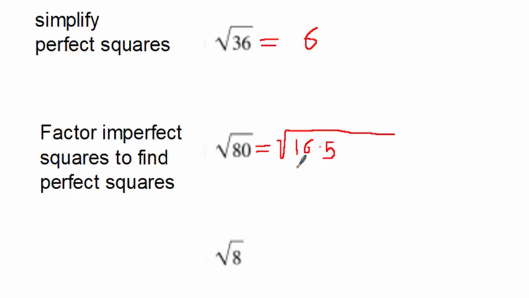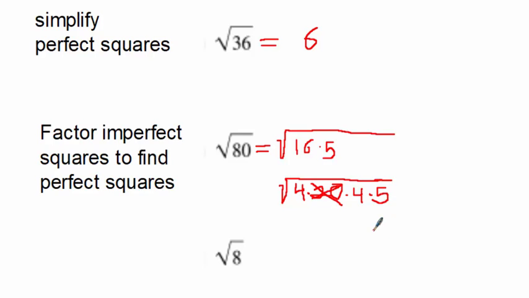You might not recognize that 16 goes into this. You might recognize that 80 is divisible by 4. So I could have said it was 4 times 20. But then I recognize that 20 has a perfect square in it. So I keep going. 4 times 5.